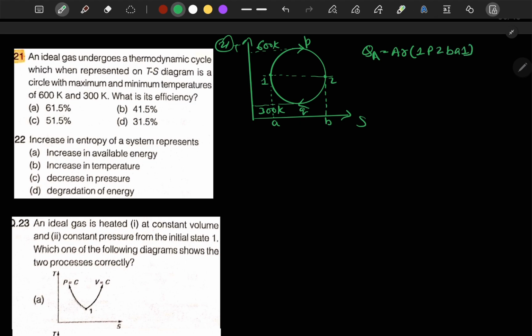This complete area will be our heat addition. Now if we talk about heat rejection, this area is our heat rejection.